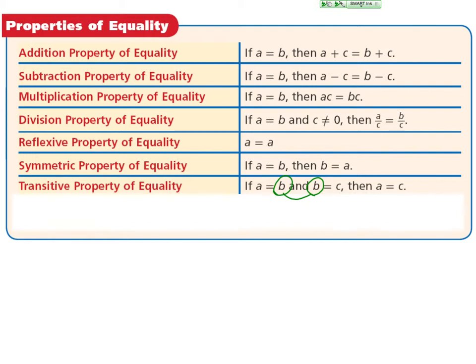So to put that together as a little bit longer example, if x plus 4 equals 7, and what do I need to say next? 7 equals 8 minus 1, then x plus 4 equals 8 minus 1.